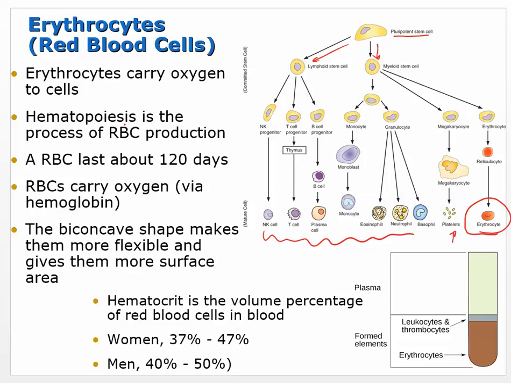The production of red blood cells is called hematopoiesis. Okay, so that's what that's called, and a red blood cell lasts about 120 days. Now the reason it only lasts 120 days, as opposed to some cells which last forever, like neurons, is that it has no nucleus.